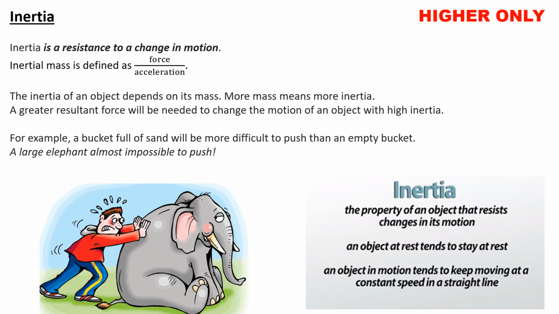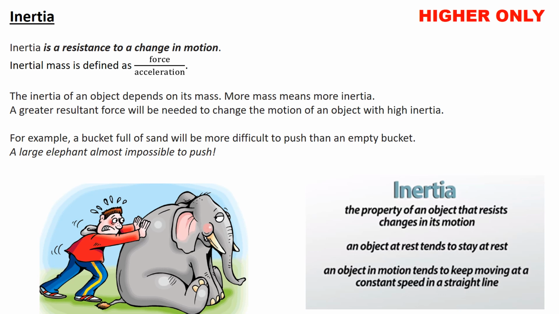So, inertia. Now, I have said that this is for the higher tier only, but I think it would be good for everybody just to get the concept of what inertia is and how we can apply this common sense to other areas. So what I want you to think about is that inertial mass is the resistance to change. It could most simply be described as the inertia of an object being the force applied divided by its acceleration.